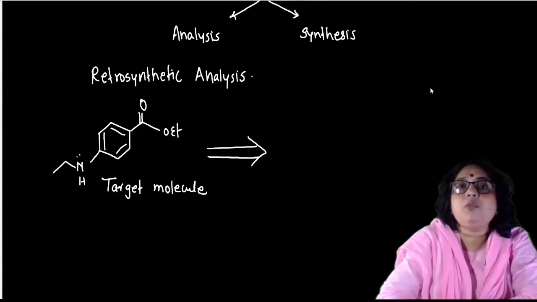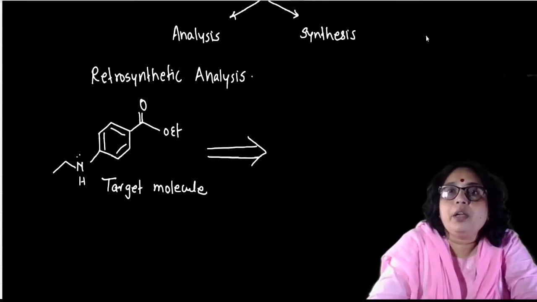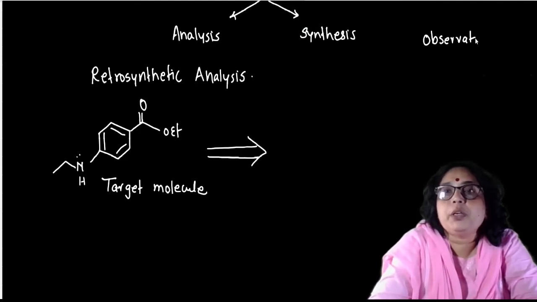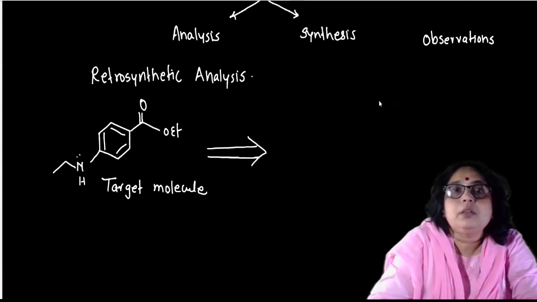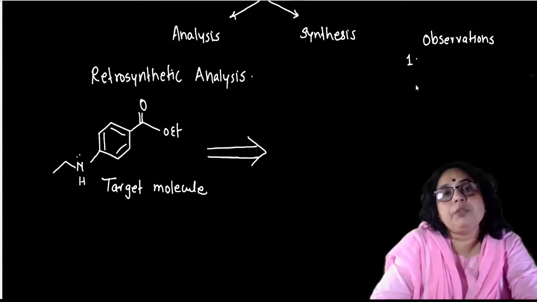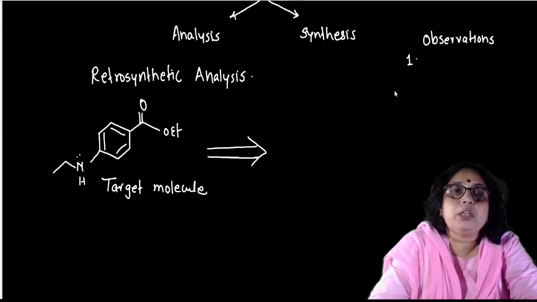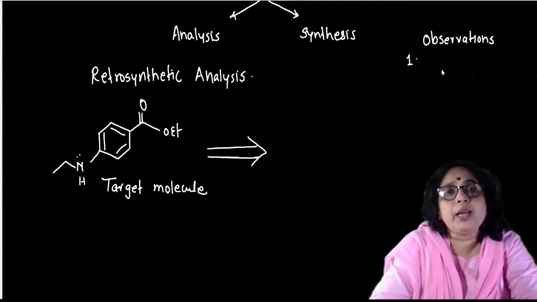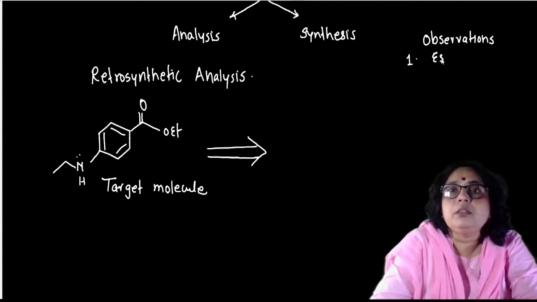Now the first thing I will do is put some observations over here. Observation number 1. What are the functional groups present in the molecule? Here I can see the ester group.